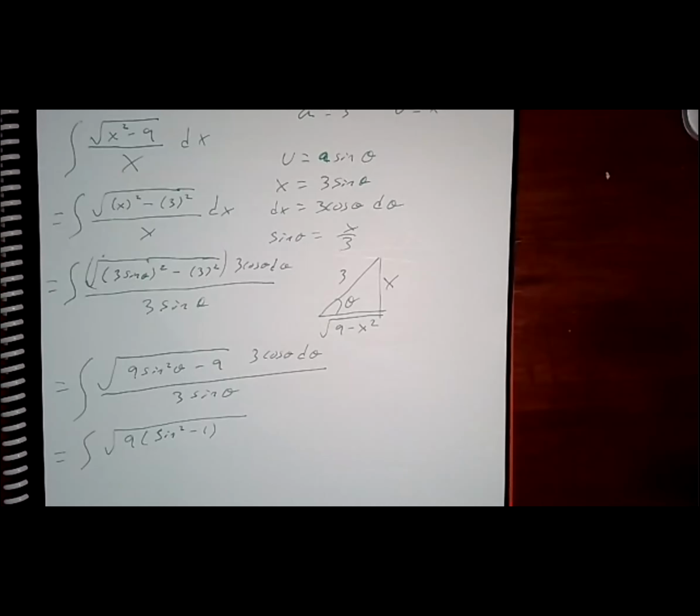Yeah, because there's no identity for sine squared minus 1. There's 1 minus sine squared. So what the hell happened? Did I use the wrong substitution? Yes, I did. Damn it, it was tangent. It was the secant. I'm sorry.